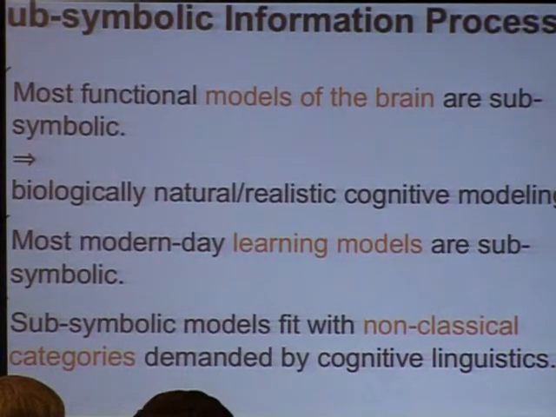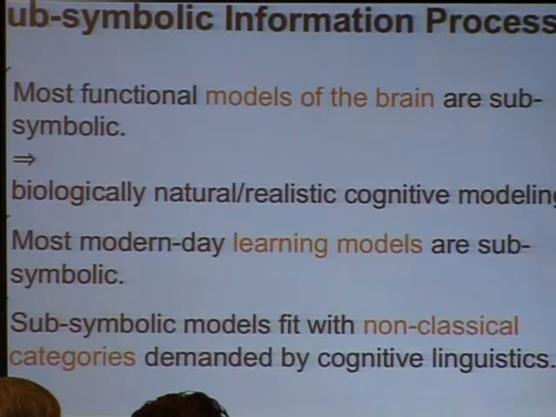Okay, now I explain a bit more why subsymbolic information processing is important for cognitive modeling. First, most functional models of the brain are subsymbolic. So subsymbolic information processing is regarded as biologically natural or realistic cognitive modeling.